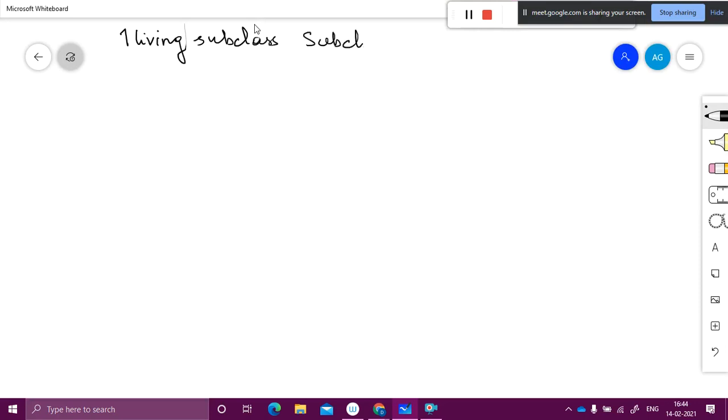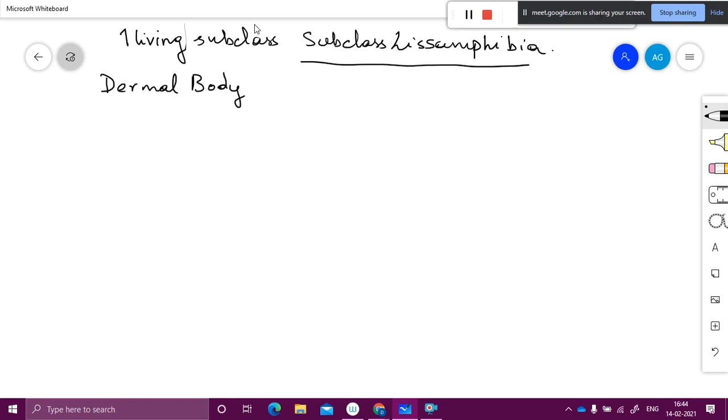That is the subclass Lissamphibia. Lissamphibia, basically their characteristic is that the dermal body skeleton over the skin is absent.